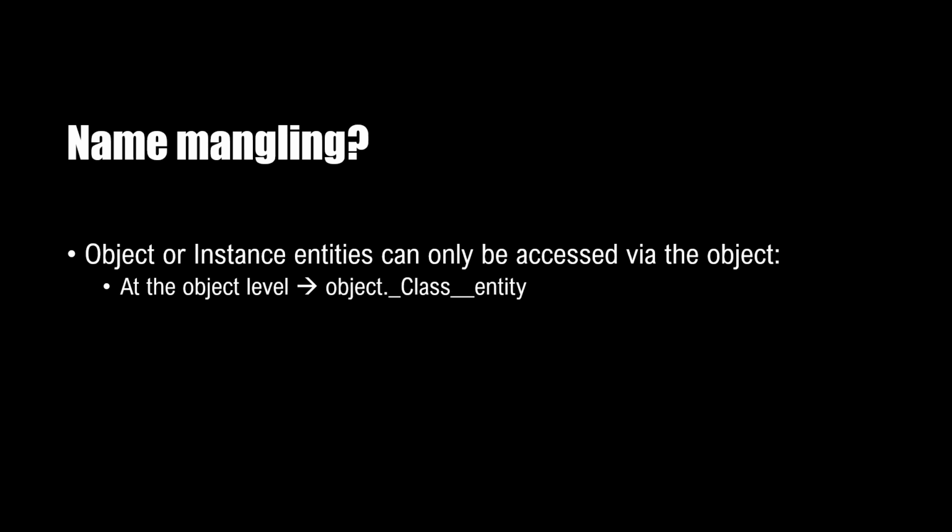Object or instance entities can only be accessed via the object itself. So for example, object dot single underscore class double underscore entity. You'll notice in all these name mangling examples that the actual string of the mangled name is the same in each case. Single underscore, then the name of the class, then the name of the fully private entity.